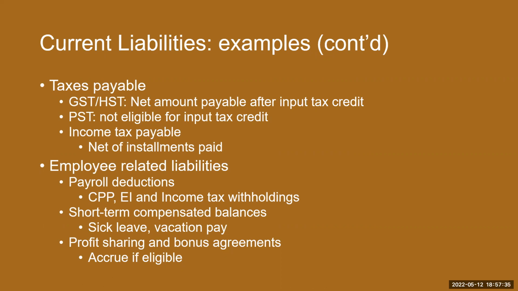Hence, it's a current liability. And income tax payable, certainly, the government is not going to give you an inordinate length of time to pay the taxes. Most businesses are supposed to pay in installments, depending on the turnover the business has. It could be every quarter or even on a monthly basis, right?